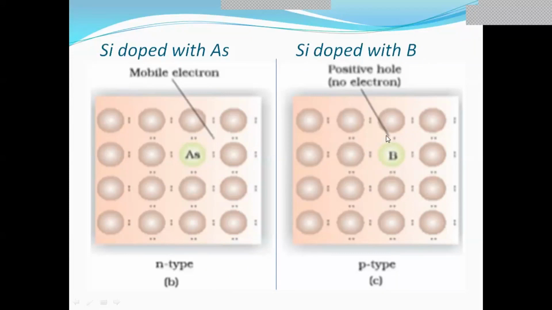And because of this electron hole, continuous migration of neighboring electrons towards the hole takes place, which increases the electric conductivity of the material. Therefore, these are called p-type materials.